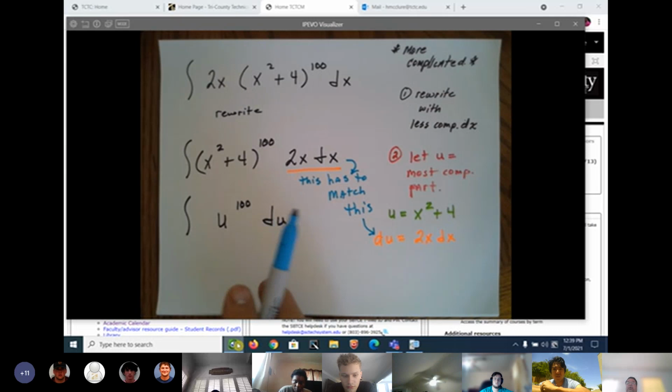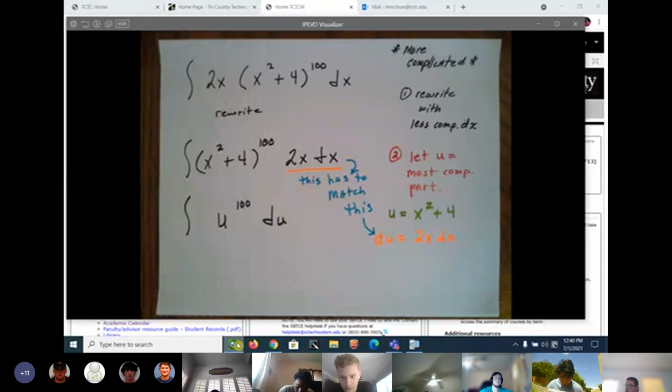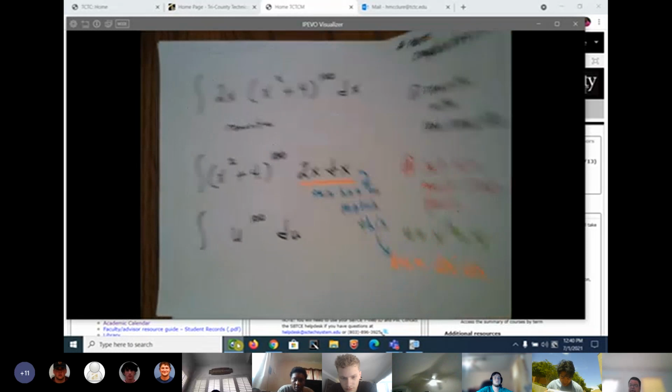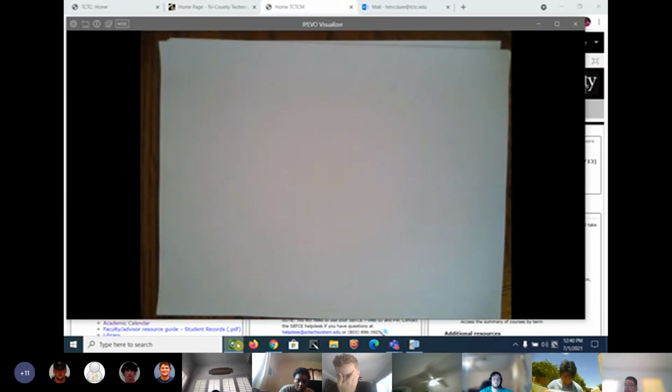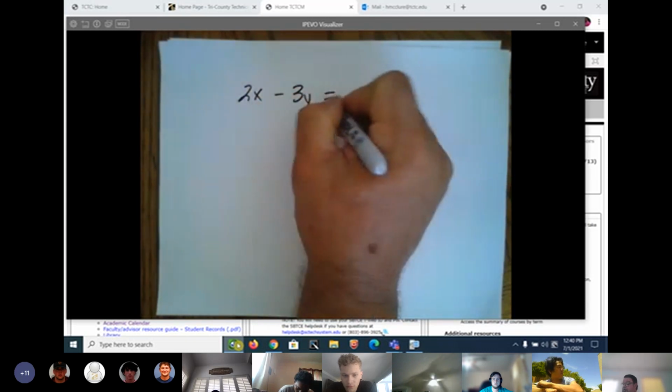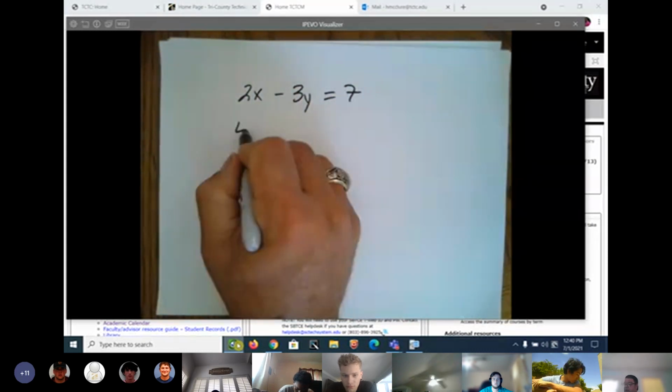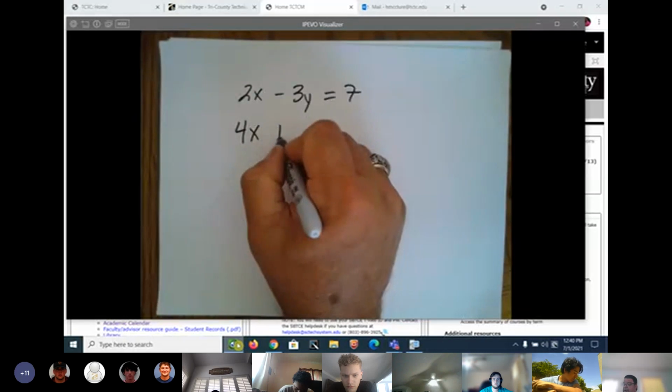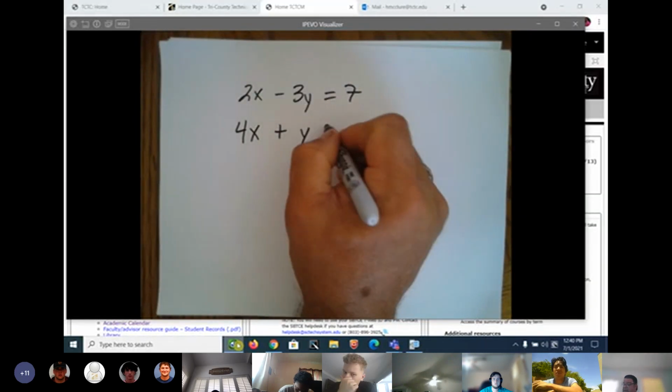Now this one, do you remember the elimination method? When something didn't fit, you made it fit. Do you remember doing that in elimination? Okay, let's go back a little bit. 2x minus 3y is equal to 7. 4x plus y is equal to 8.